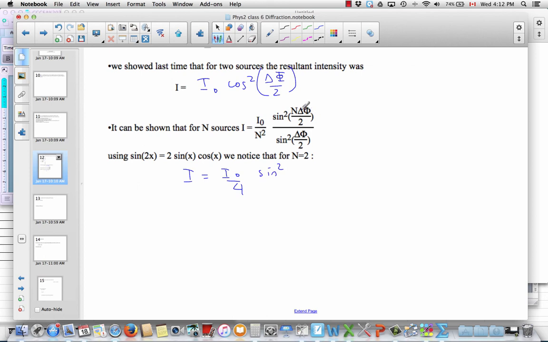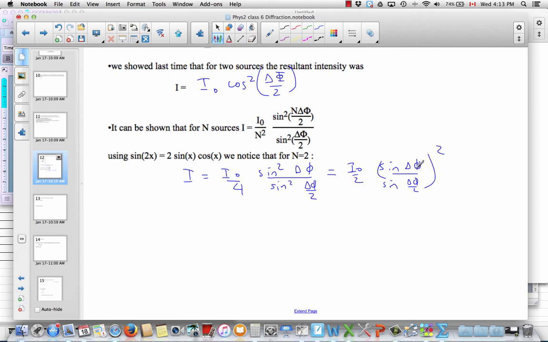And then we're going to have sine squared with n equals 2, it's just going to be delta phi, over sine squared delta phi over 2. And then we can write this as a square: sine delta phi over sine delta phi over 2, all squared.